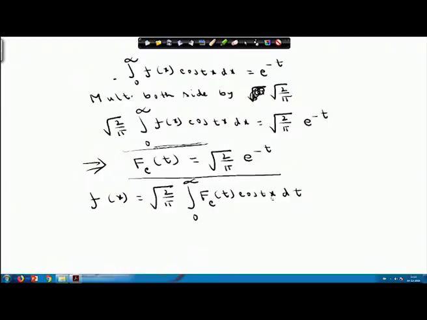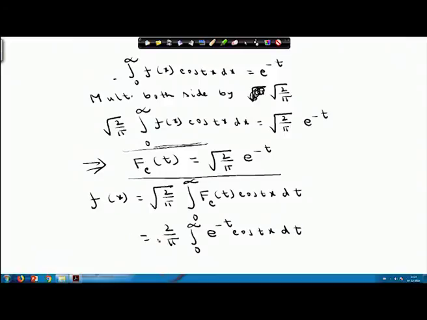Now I know what the Fourier cosine transform is. So, if I substitute the value of F_c(t) equals root over 2 by pi e power minus t, this integral will be reduced to 2 by pi integral 0 to infinity e power minus t into cos(tx) dt.